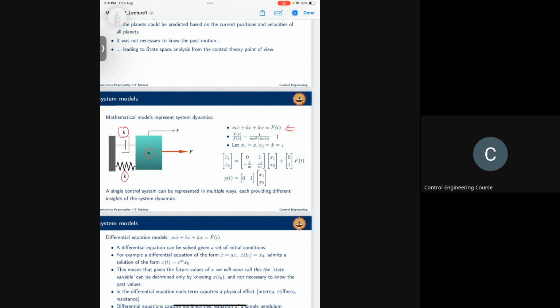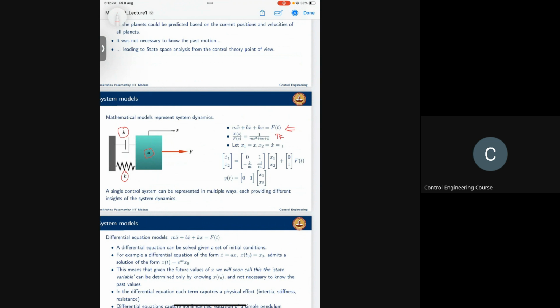When representing it in terms of a transfer function, we use X(s) divided by F(s), which is the Laplace transform of output divided by the Laplace transform of input. Whatever you have on the right hand side, we call it the transfer function.